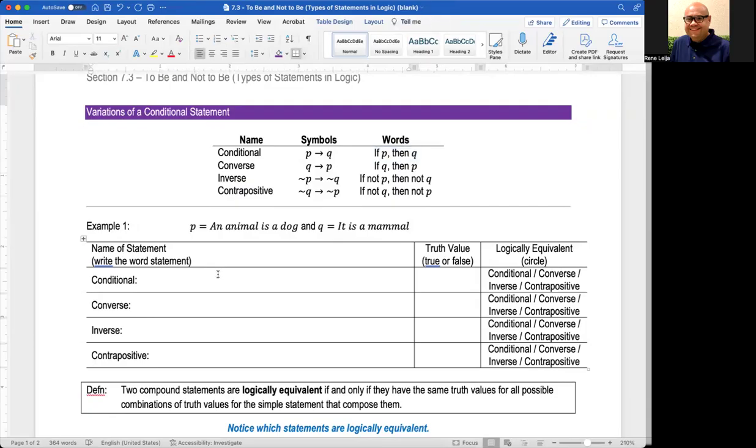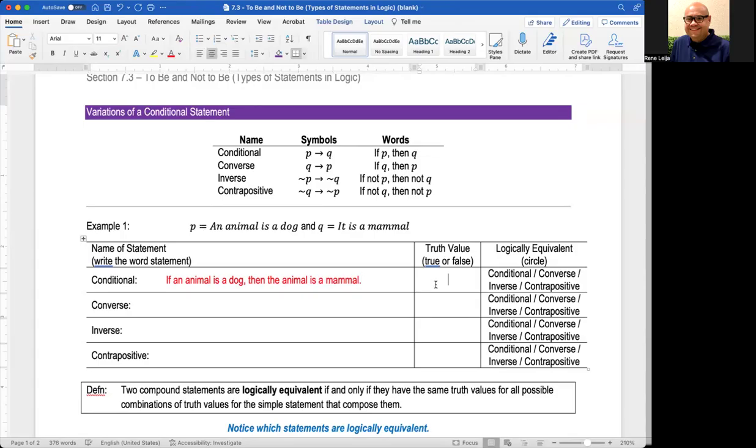So that means if an animal is a dog, then the animal is a mammal.